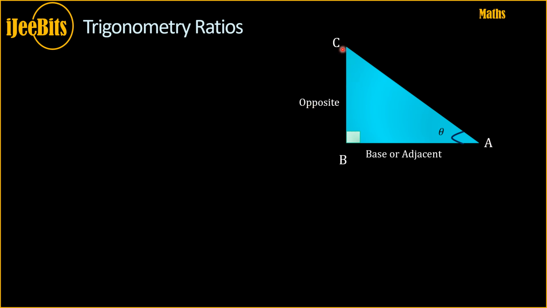The side which is exactly opposite to the right angle is known as the hypotenuse, which is AC. So AC is the hypotenuse, AB is the base or adjacent side, BC is the opposite with respect to A.